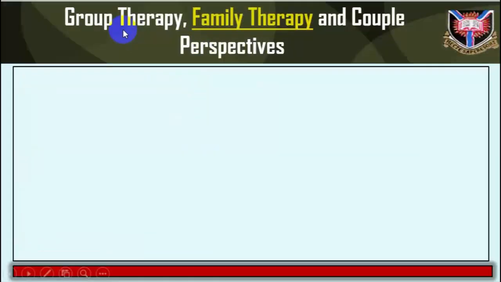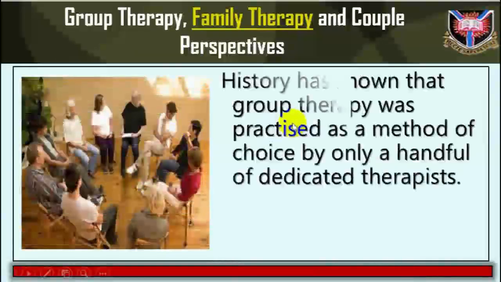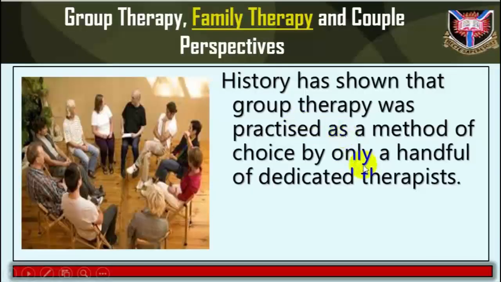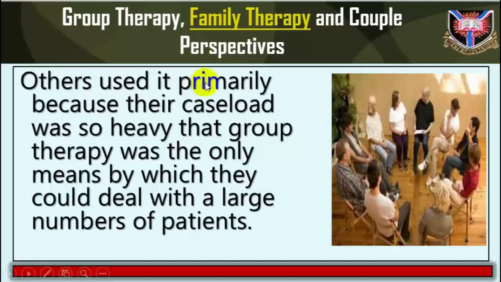ITQ. Group therapy, family therapy, and couple perspective. History has shown that group therapy was practiced as a method of choice by only a handful of dedicated therapists. Others used it primarily because their caseload was so heavy that group therapy was the only means by which they could deal with a large number of patients.